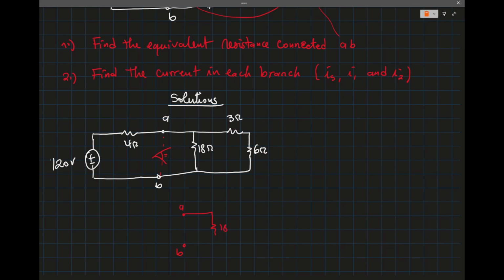We have 18 ohms, and then we have 3 ohms, and we have 6 ohms.